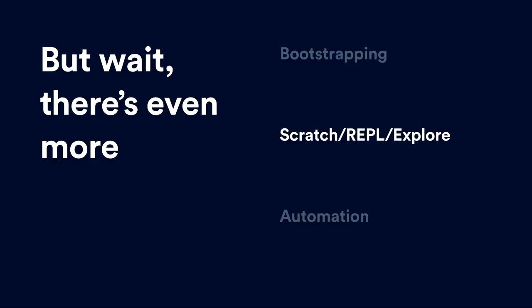You can also use the tests as a way to explore APIs, kind of a scratch area or a REPL to just give the product a poke and see how it behaves, because the feedback cycles are fast enough. You can see, well, what happens if I call this on this service? That's kind of useful.